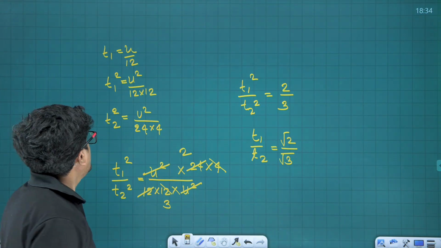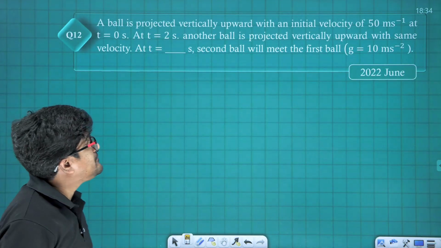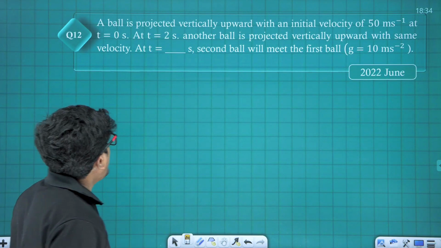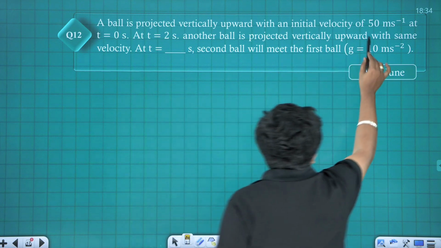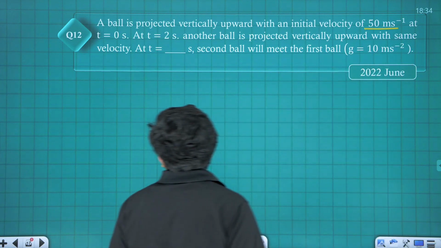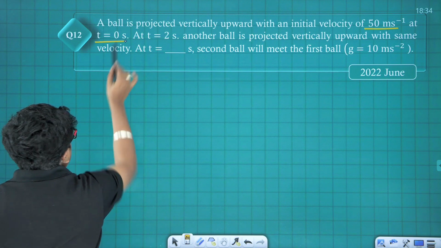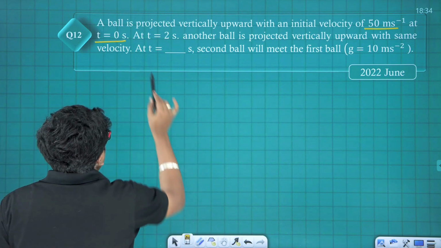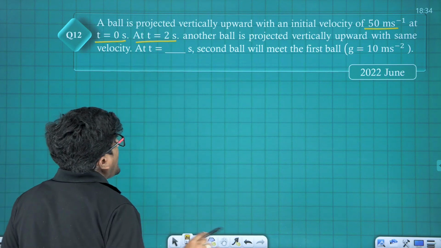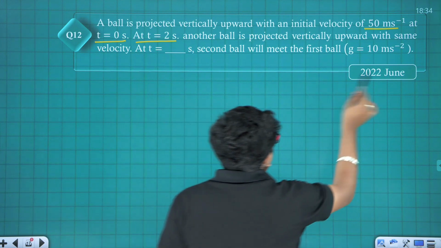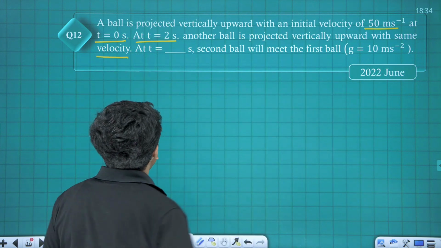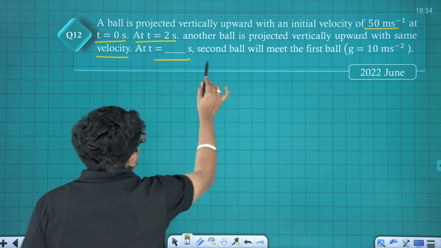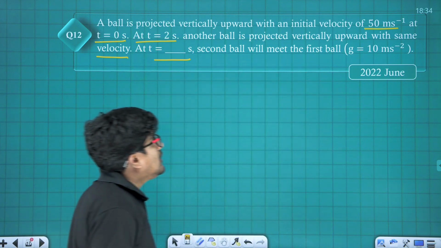Was that fine? Now let's move to question number 12. The question says, a ball is projected vertically upward with an initial velocity of 50 meter per second at t equal to 0. Now at t equal to 2 seconds, another ball is projected vertically upward with the same velocity. Now at t equal to dash second, the second ball will meet the first ball.